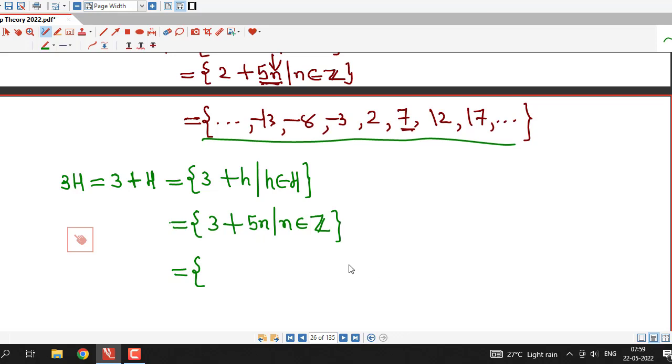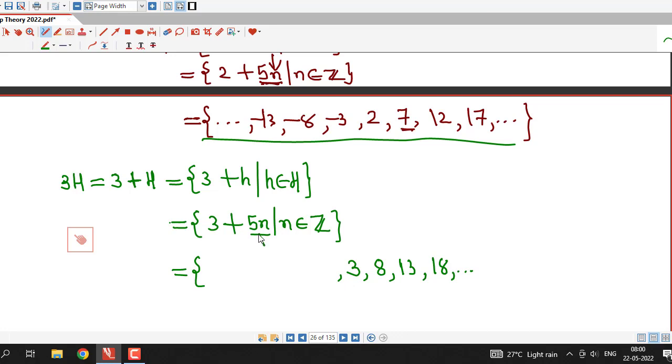For n equal to 0 we obtain 3, for n equal to 1 we obtain 5 plus 3, that is 8, and then I can write by adding 5. 3 plus 5, 8, 8 plus 5, 13, 13 plus 5, 18, and this will continue.